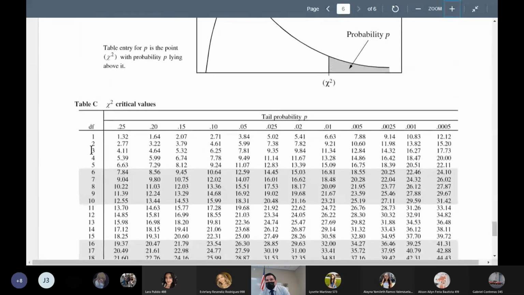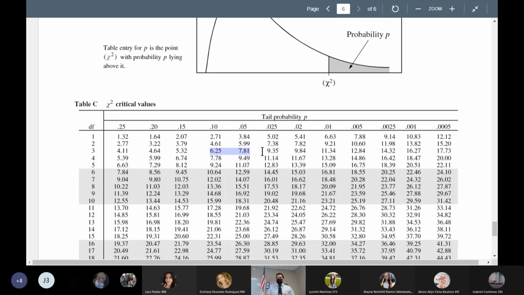We have our degrees of freedom of 3, and we follow that over till right here, 6.25, 7.81. We stopped there because our chi-square statistic was 6.599, 6.6, however you rounded it. It's between those two values.